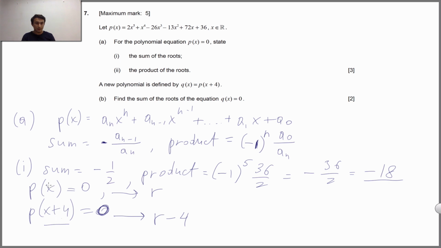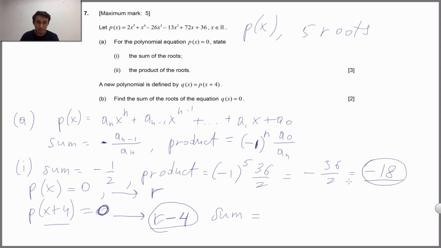It's the same thing, p(r) here and then p(r) there. So essentially what it means is every root is minus 4 of the original root. And how many roots were there in the original equation p(x)? Now p(x) has 5 roots.